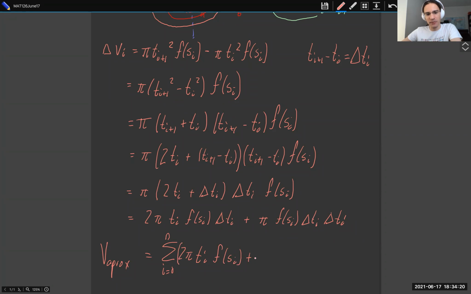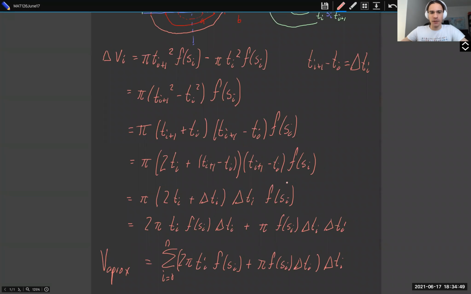I'll factor one of the delta t sub I out, plus pi f of s sub I delta t sub I, times delta t sub I. So this is one way that I can write the approximate volume with respect to these cylindrical shells.